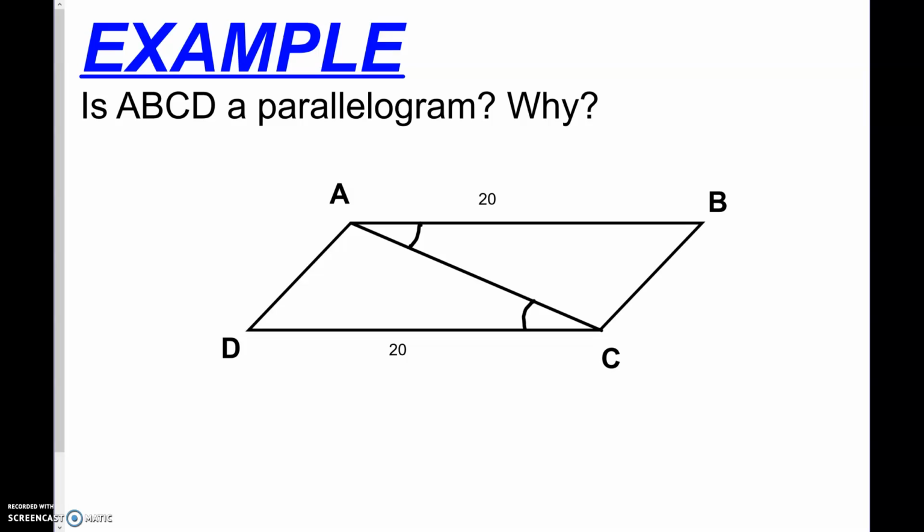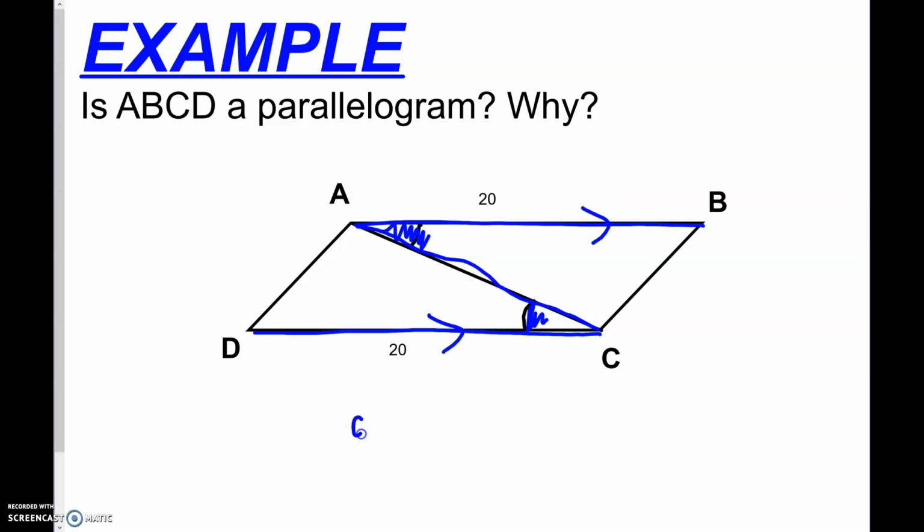All right, how about here? Is ABCD a parallelogram? So what do we have? We have this side is congruent to this side. All right, then they put a transversal in here. So if this angle is congruent to this angle, isn't this parallel to this?